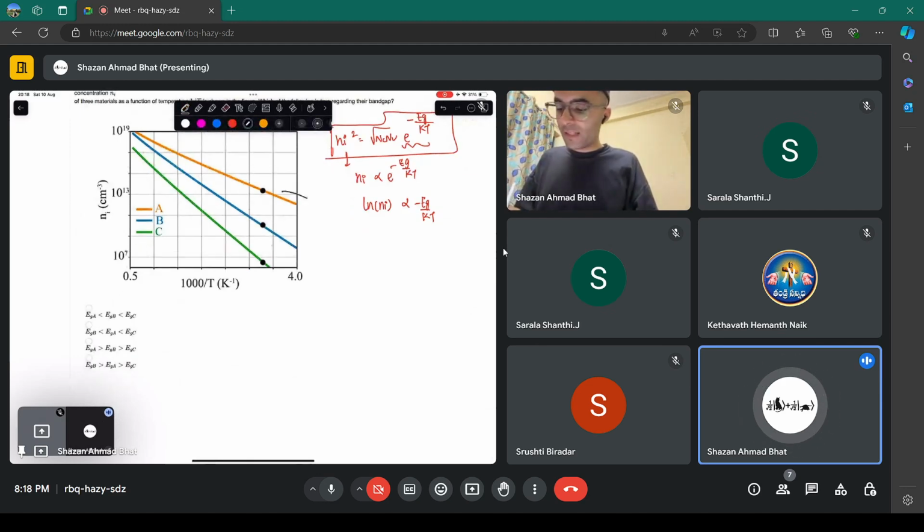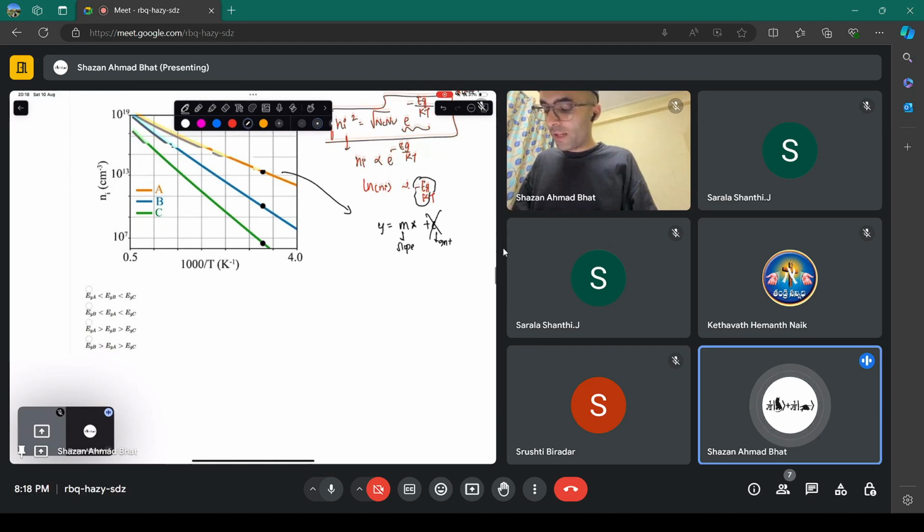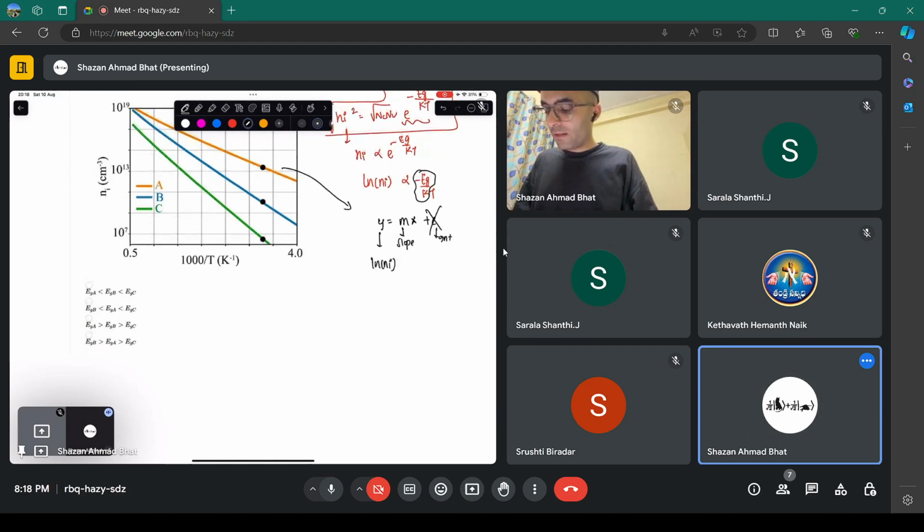These are straight lines, but with negative slopes. It is just like y equals mx plus c. M is the slope, c is the intercept. Remove this intercept for the time being. So y is ln of ni, and x is 1 by T because they have plotted against 1 by T, and the slope is minus Eg over k.